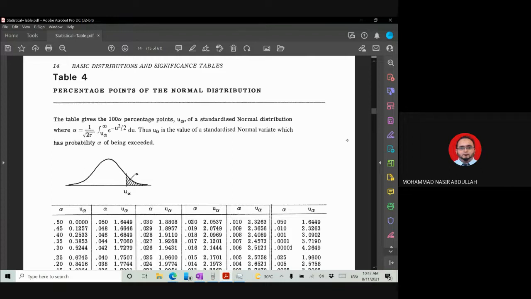The table gives us 100 alpha percentage point mu alpha. Mu is our Z. Remember, this is of a standard normal distribution. Don't bother about the formula.